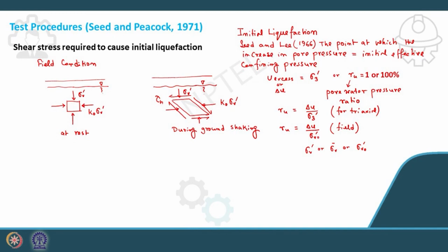Okay, so this is our initial liquefaction condition, and then we are talking about these stresses. Now we will discuss the test condition. The first test that I will discuss is the cyclic triaxial test.